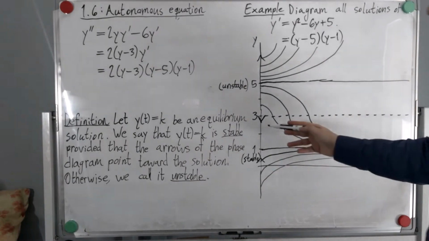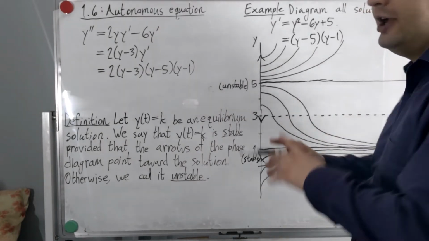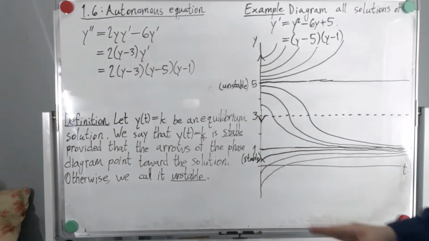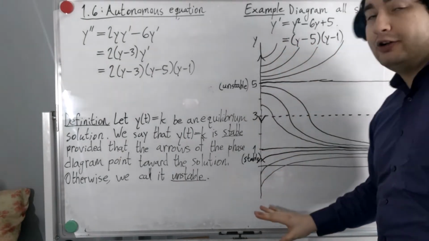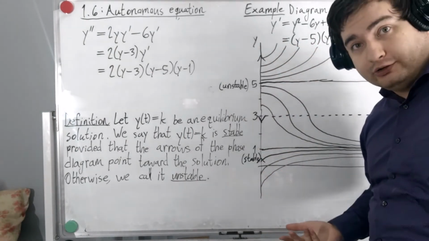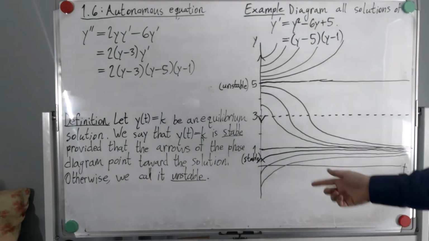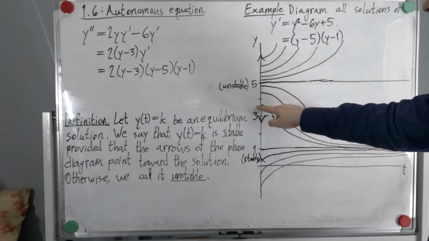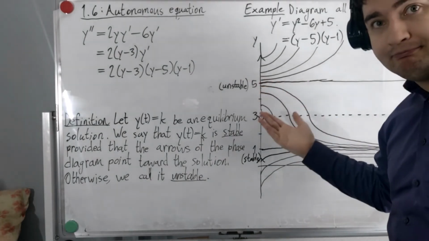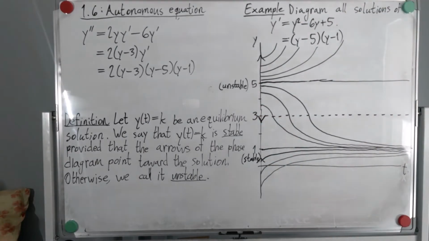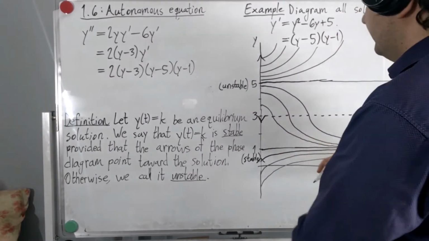By the way, just want to point out here, the different solution curves all correspond to different initial conditions. The initial condition is the location on the y-axis where these things begin, y of 0. So what happens when we take an initial condition that's less than 3?